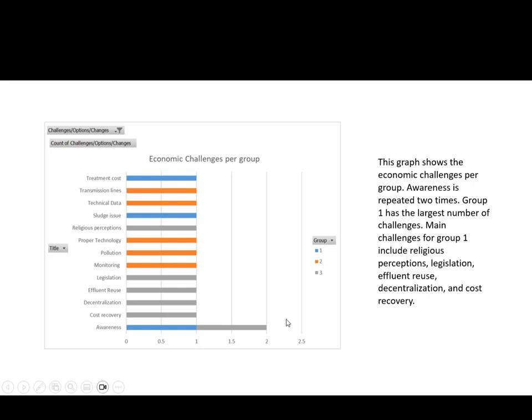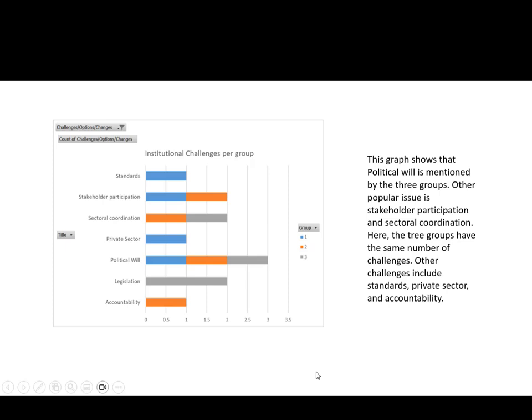The same thing happens for the economic challenges, where we have, for example, the transmission lines were mentioned 1 time by group 2. The same thing goes for institutional challenges. For example, political will is mentioned once for each of the group 1, group 2, and group 3. Therefore, the total count is 3.